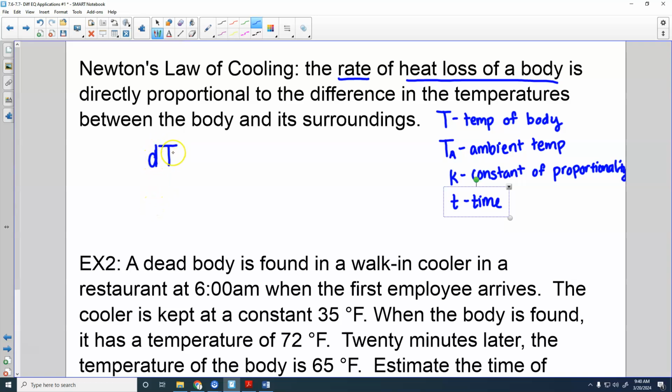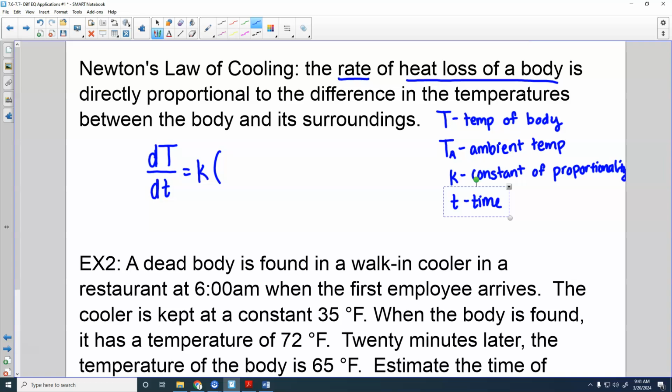D capital T, which is temperature, over D lowercase t for time, is directly proportional to, and if something is directly proportional to, that means there's a constant times whatever it is, right? So that's going to be K, our constant of proportionality, times the difference in the temperatures between the body and its surroundings.